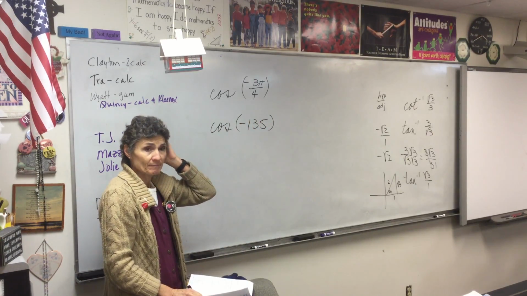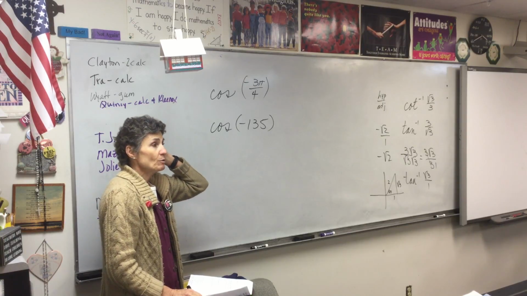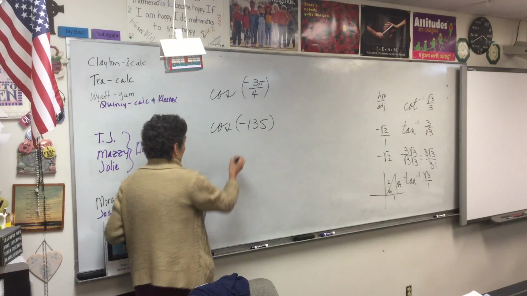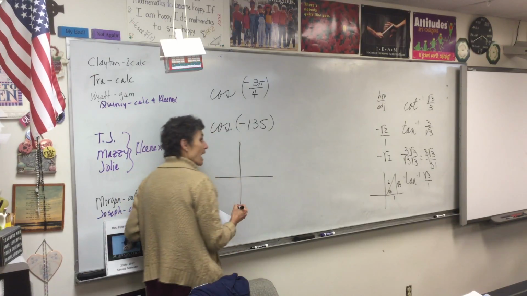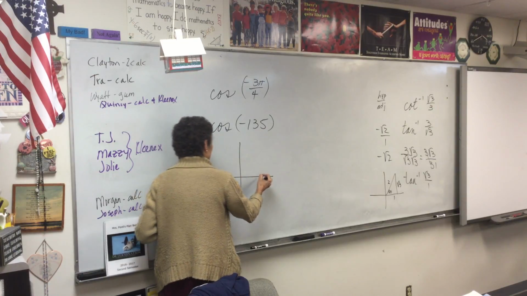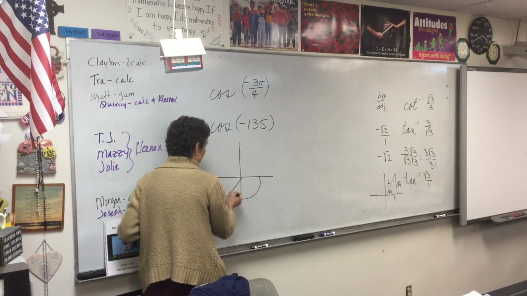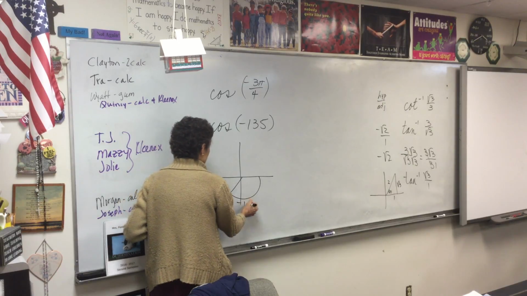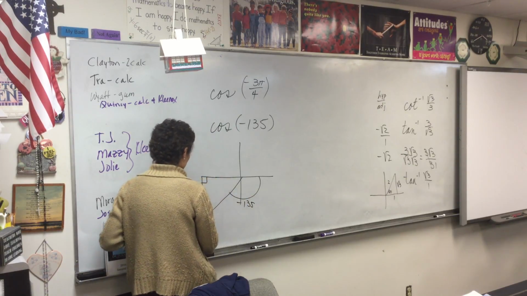Everybody good with that? Now, what do we do when we have a negative angle? You go the opposite way. So instead of going around this way to 135, I'm gonna go this way to 135. So this is -135 right here.